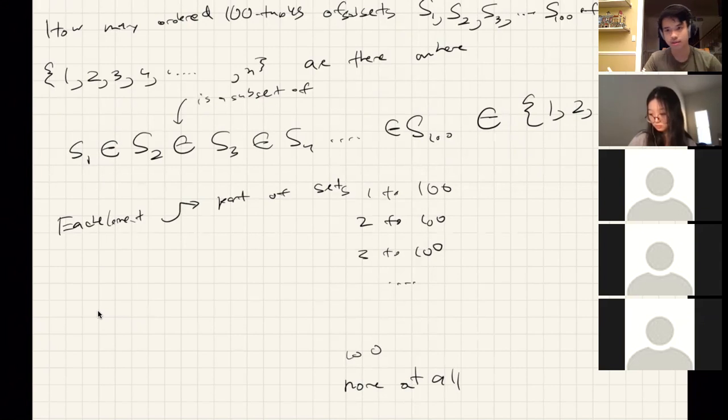So once again, you're constructing your sequence of subsets by looking element by element at the integers from 1 to n.